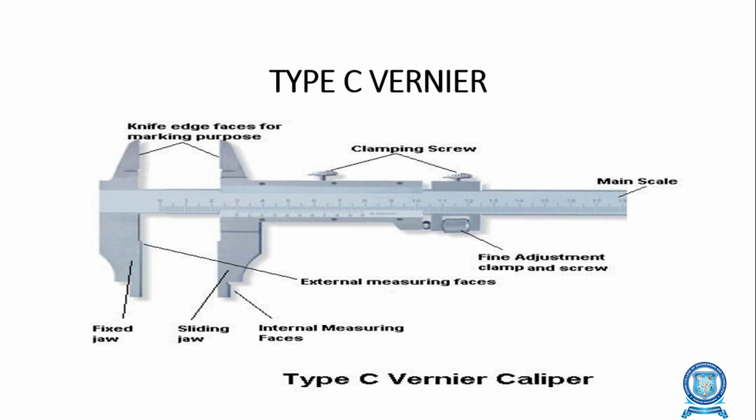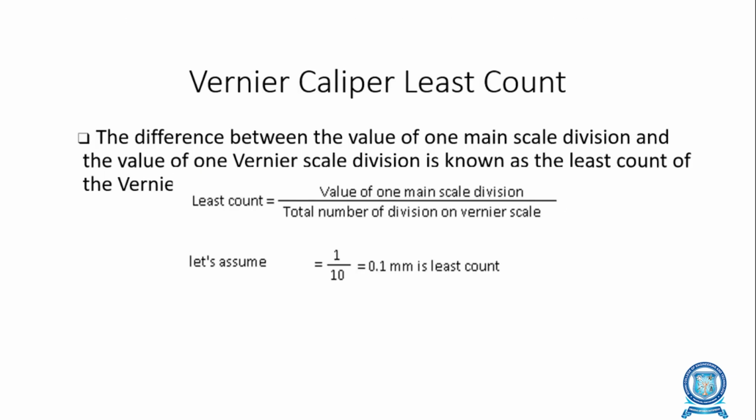And as for the type C vernier caliper, here also the internal and external measuring jaws are on the same side, and there's an additional attachment above the main scale. We call it knife edge faces, for marking purposes. For the marking purpose, these knife edges are given over the main scale. So these are the three different types of vernier caliper.